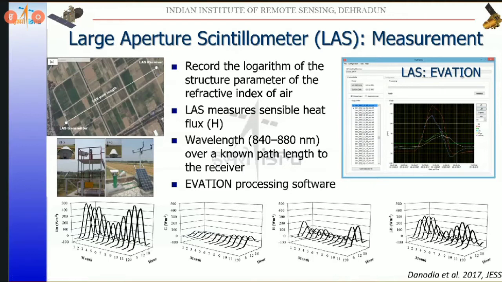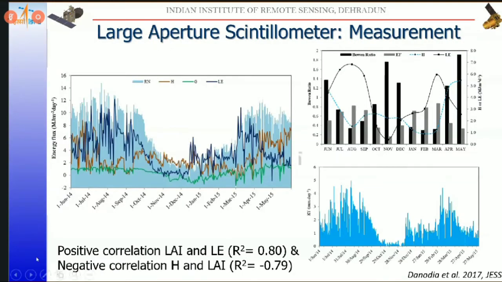And using the same large aperture scintillometer, this is the complete seasonal energy flux pattern from June to the next May. For the complete Kharif and Rabi season, you can easily define the Rn, G, H and LE variability within the particular area, especially the path length of 990 meters.